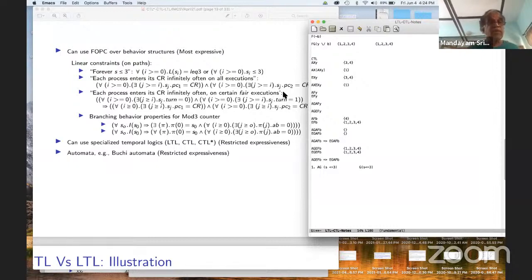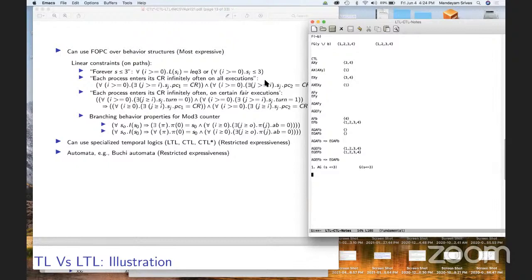Let's move to the second bullet. CR has to be visible infinitely often. How can we mention it as AG?